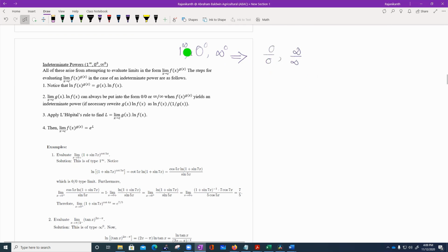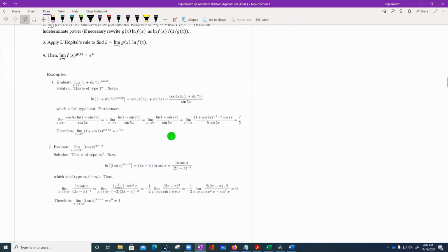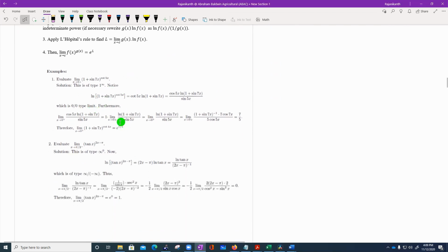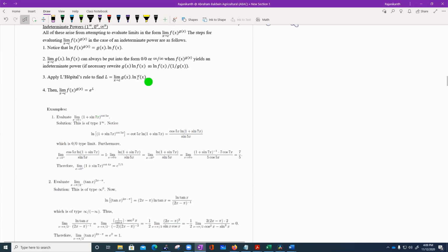Once you have these kinds of forms, you could apply the L'Hopital rules, whatever you learned in the previous section. Okay. So I have explained a lot of problems here, okay? How to use the power rules.